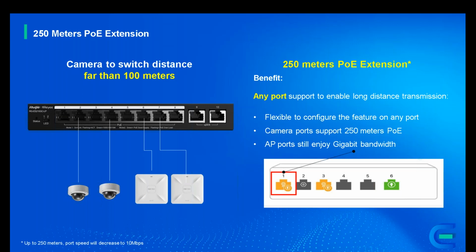It is because of the Ethernet standard, but if you have one camera with longer distance, let's say 150 meters or 200 meters, we can enable long distance in each port. So you can install cameras up to 250 meters.